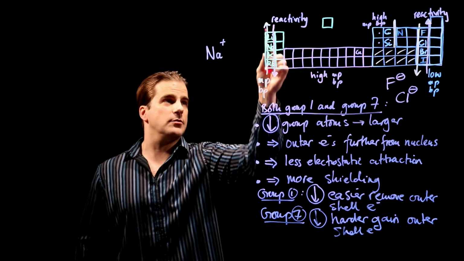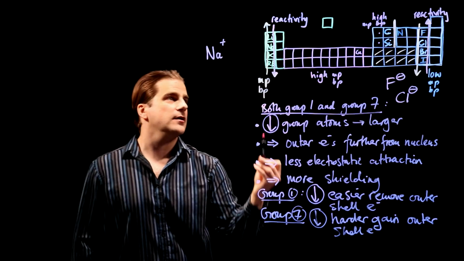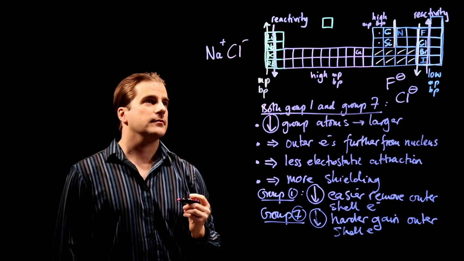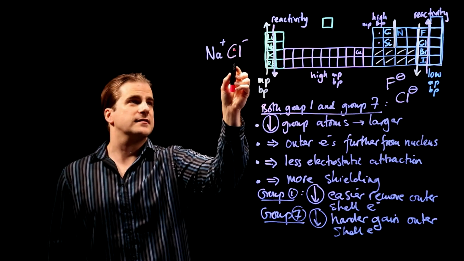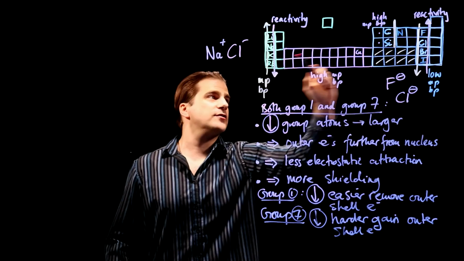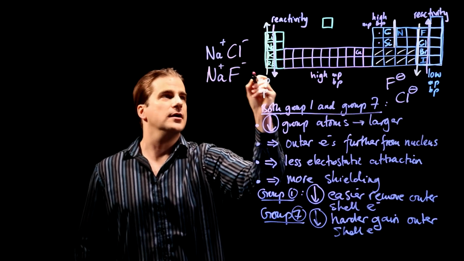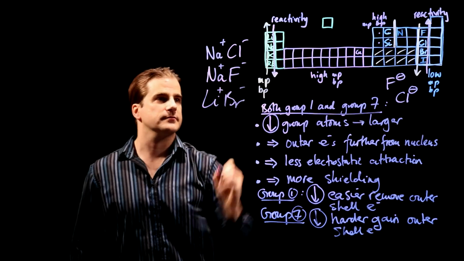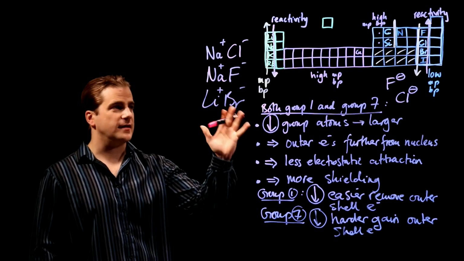So if these guys really want to lose one electron and these guys really want to gain one, they're a good match. So you often see things like sodium chloride. Overall, no charge, but the chlorine has taken an electron from the sodium. You could have any matchup. You could have sodium fluoride, okay, NaF. You could have lithium bromide, okay, and so on. All right, there you go. That's trends in the periodic table.